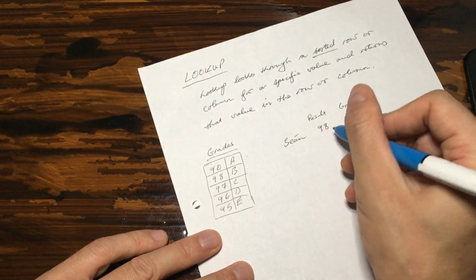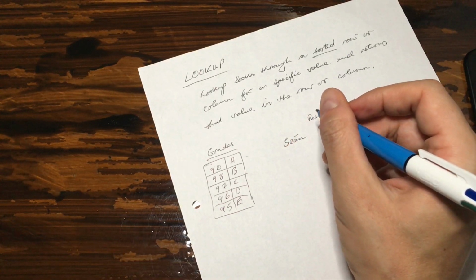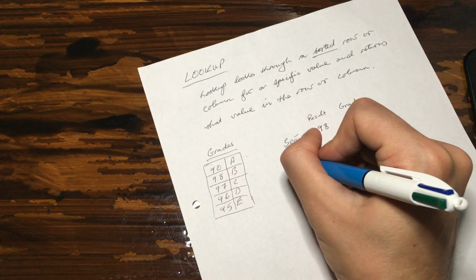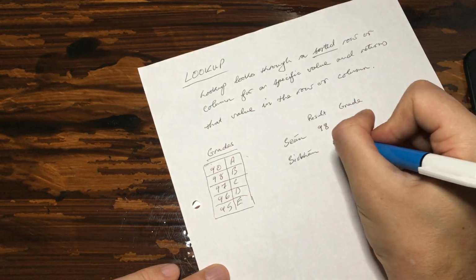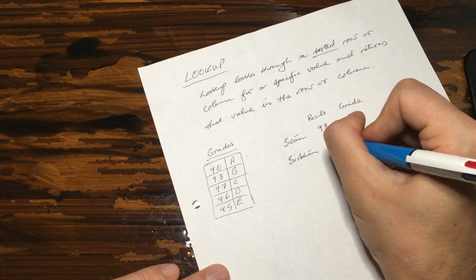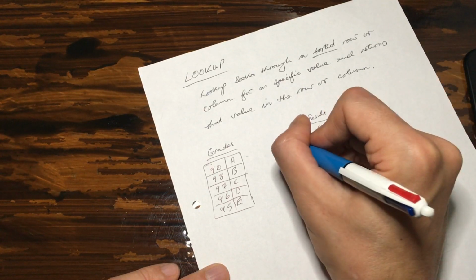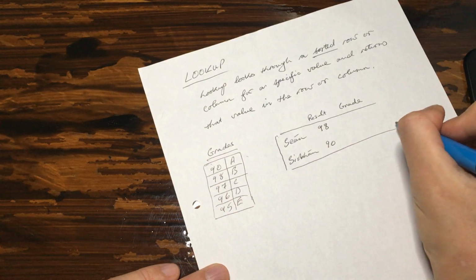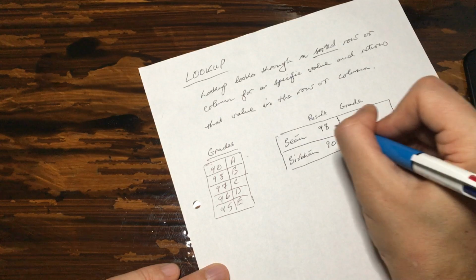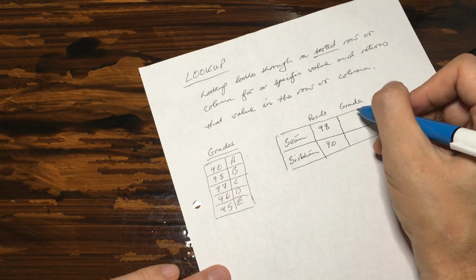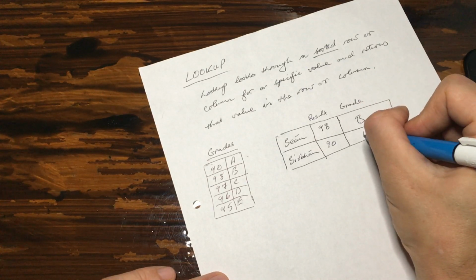Now imagine we've got Sean and we've also got a different person, another Irish person, Siobhan. Okay, Siobhan, and she's got 90 in here. So the way it works is that we need to put a formula in our grades over here. So in grades, 98 would be that we want it to return and give us a B, and 90 wants to give us an A.